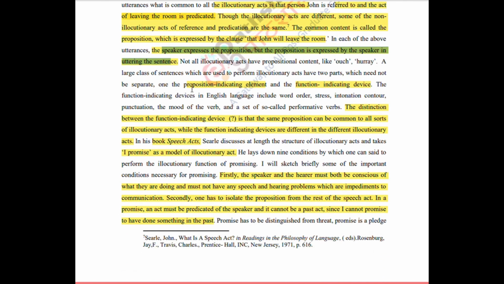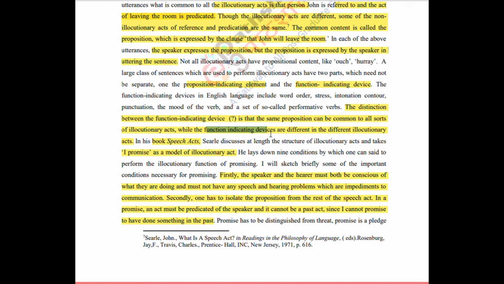Let's see that every illocutionary act has two major things: the proposition indicating element and the function indicating device. The distinction is that the same proposition can be common to all sorts of illocutionary acts, while the function indicating devices are different in different illocutionary acts.